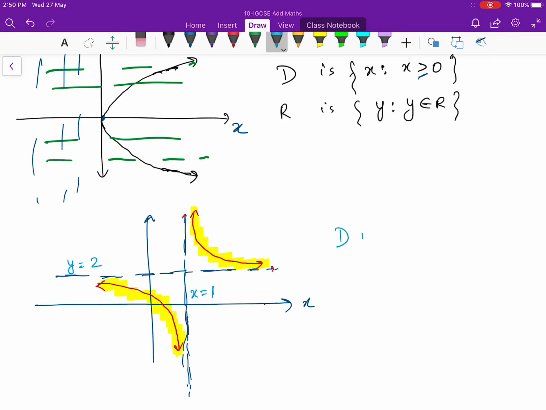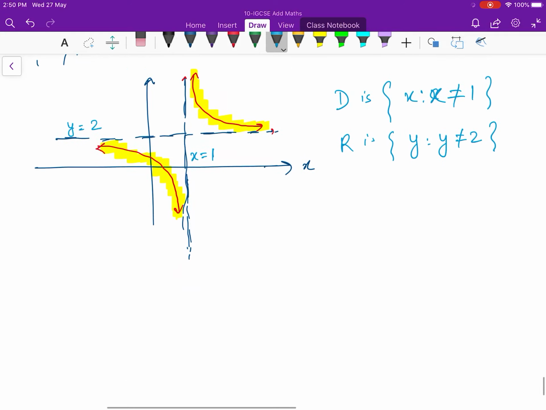So domain will be x such that x is not equal to 1, and range is y such that y is not equal to 2. Fine. So whichever vertical or horizontal line does not intersect the graph should be excluded from domain and range. Fine. Let's take one more graph.